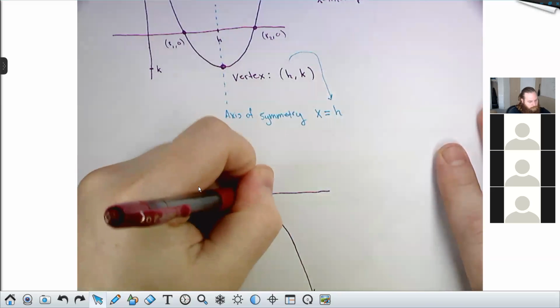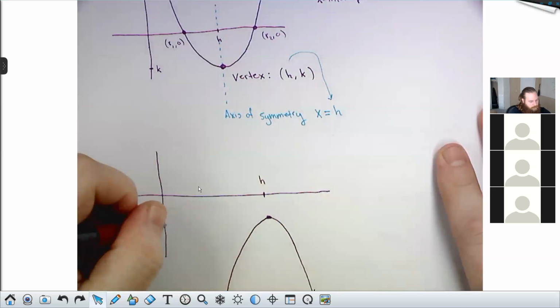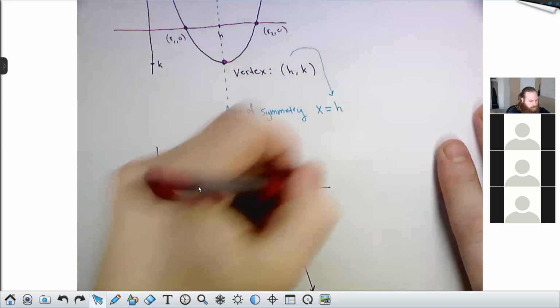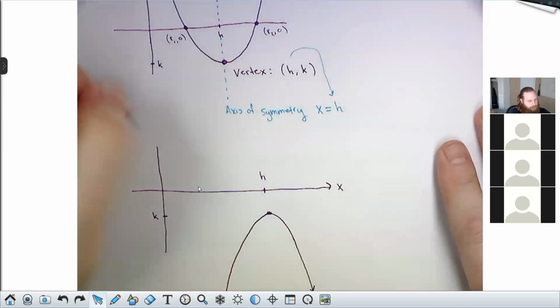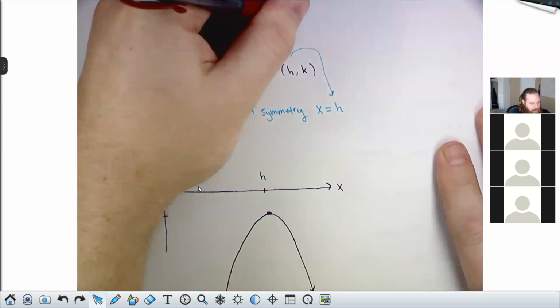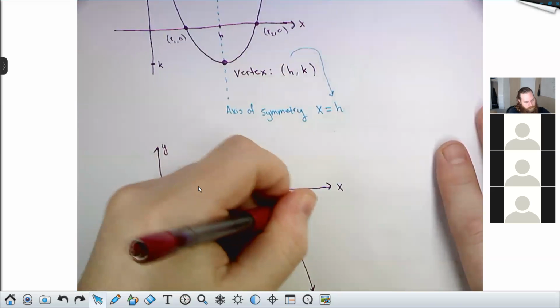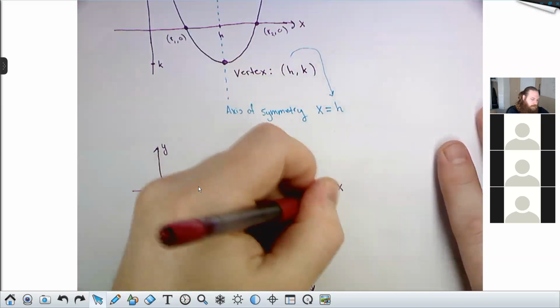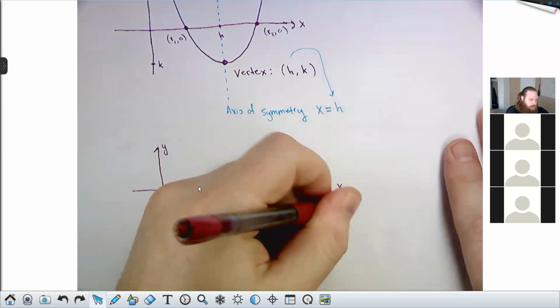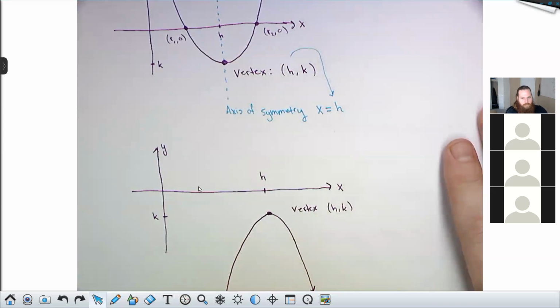So here's another picture of a parabola. Always still a vertex. Still an axis of symmetry.